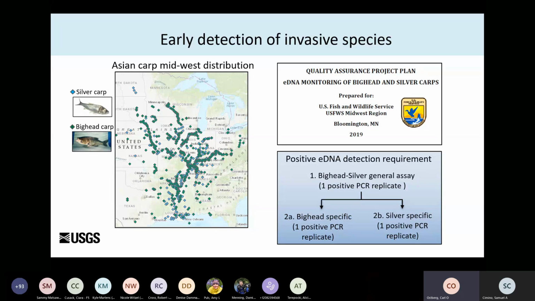And this will require one positive PCR to be positive. Each of these assays targets different parts of the mitochondrial genome. So there's redundancy built in to remove any uncertainty in this eDNA surveillance program for Asian carp.